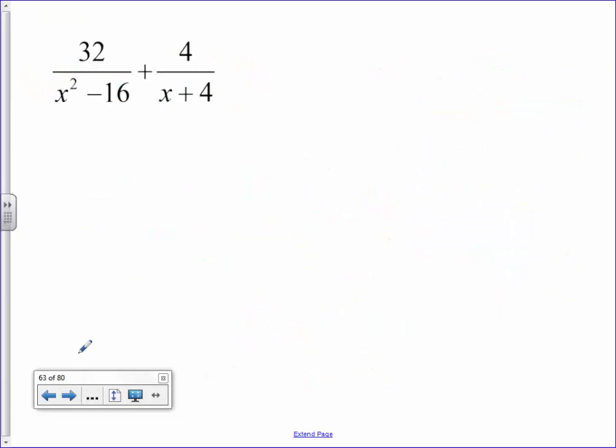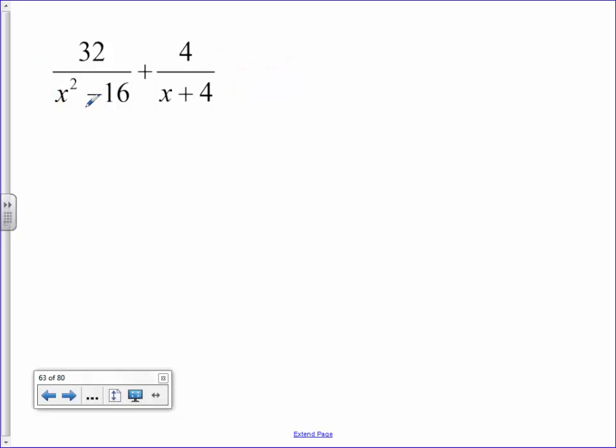Well, this one here is also going to be binomials, but there's a twist. Rather than take this x squared minus 16 and do this, and rather than take x plus 4 and do this, there's actually something extra that you can do. So don't jump right to that just yet, because that's what the point behind this next one is.